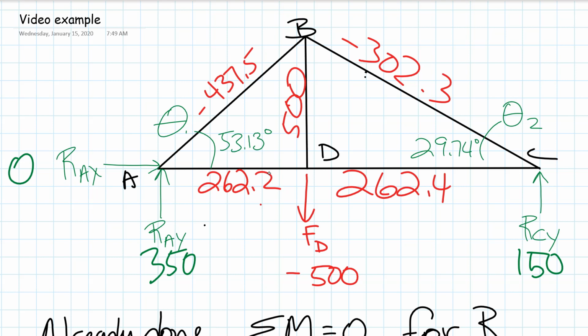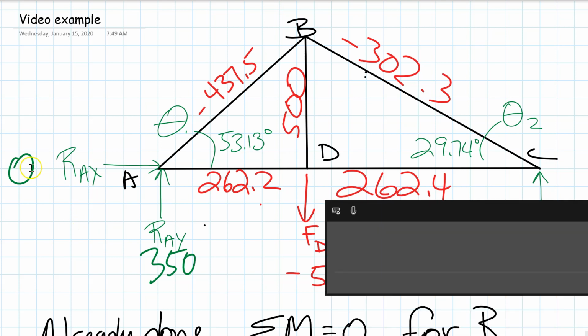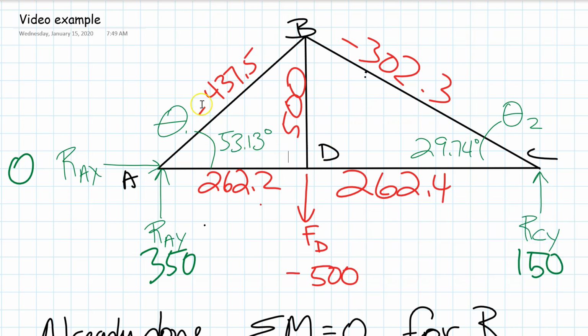So the negative numbers here are in compression, and the other three members are in tension. And if you look at it, it kind of intuitively makes sense that if you put a force on the bottom, it's going to put tension on these three members and compression on the top. So that is a completely worked example with all of the trig. I hope you find this helpful.